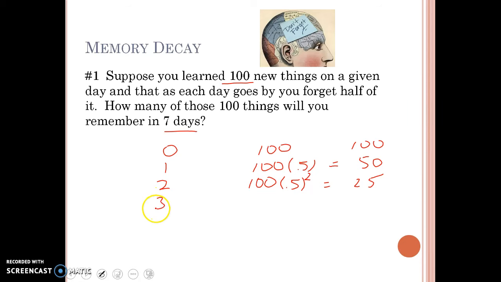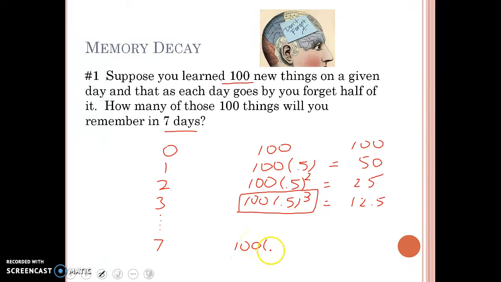After 3 days, and again, you started with 100 things. Every day that goes by, you're going to multiply it times 1/2. After 3 days, you would multiply it times 1/2 3 times. Well, that's going to be 12.5 of those things. So if we skip down to after 7 days, we're looking at this function right here, which the beginning amount was 100 items.